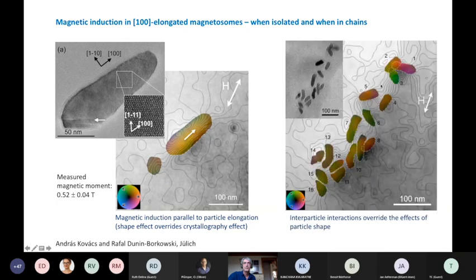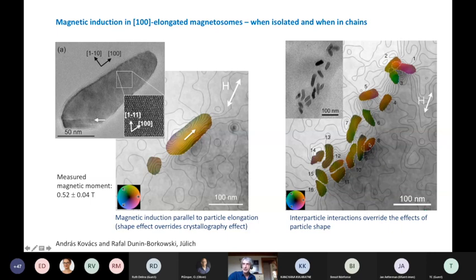If we have these particles in a chain, it's a quite disordered chain, then we see some interesting things here. And in some cases, the magnetic induction is again parallel to the elongation of the particle. But if you look at this particle sandwiched between two others, then you see that all these field lines go across the particle.